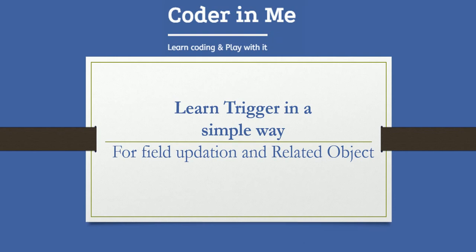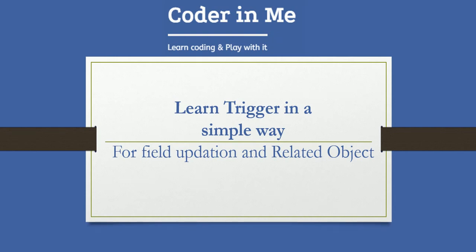I will just put the trigger in a simple approach. And you can see in the tagline, I have said field updation. So I will simply update the fields, and I will also relate a related object here.